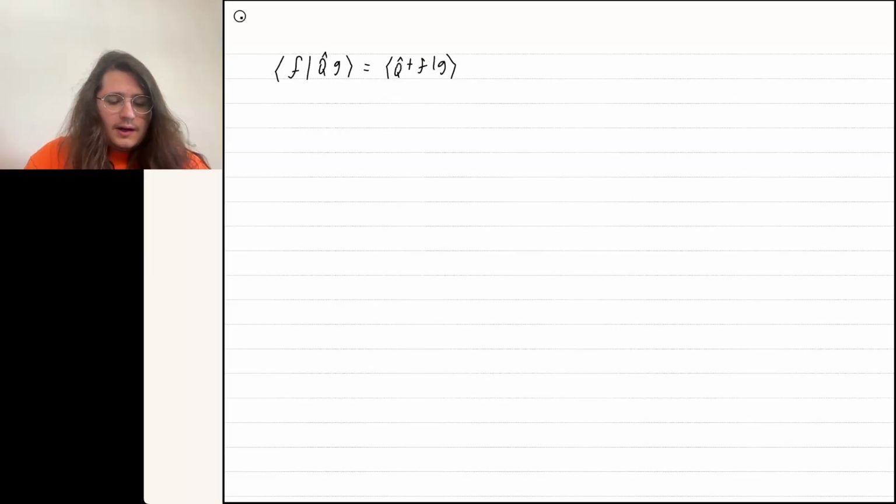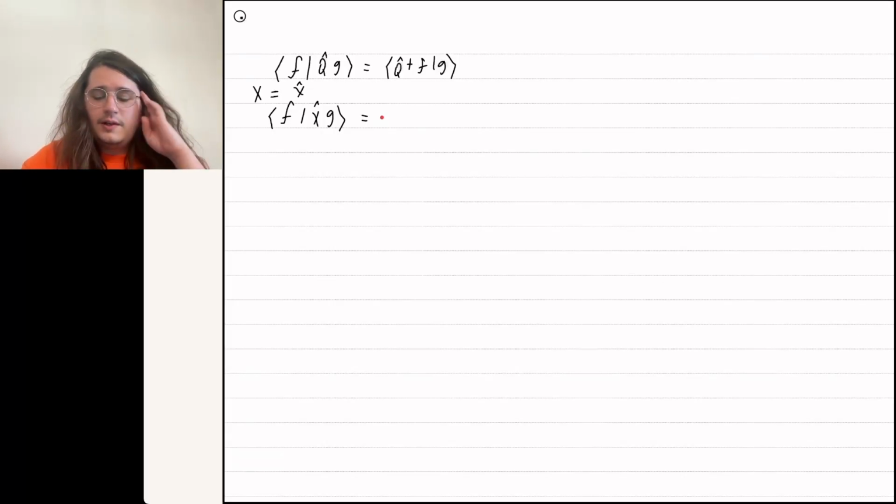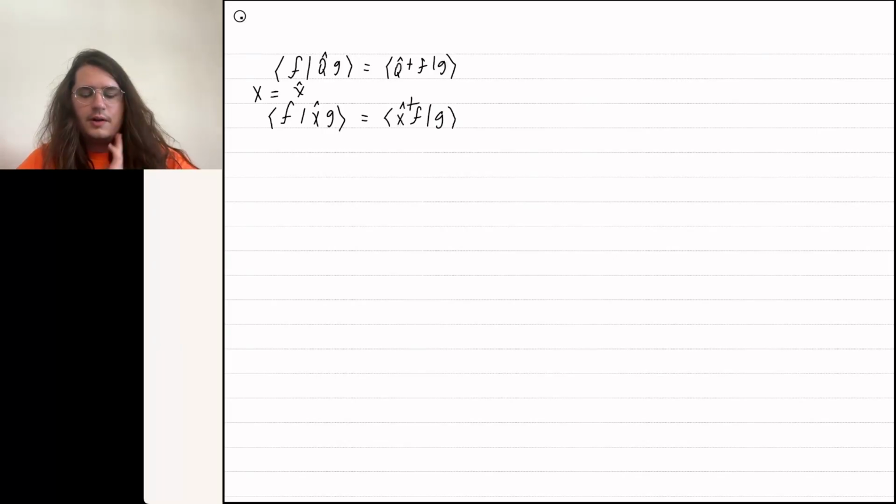So, first bit is we need to find the Hermitian conjugate of X, just X, like a position operator. This is saying, what if X was an operator, which it is, what is the situation in which the inner product of f with xg is equal to the inner product of x dagger f with g?